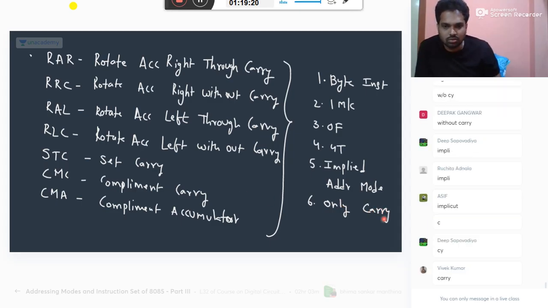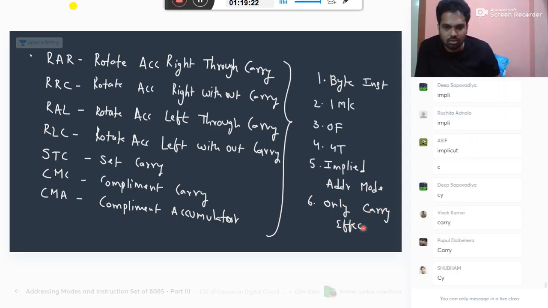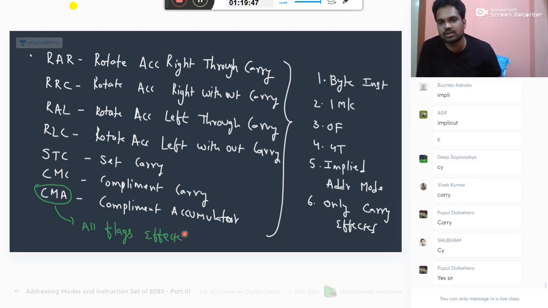For set carry and complement carry, you don't need any explanation. Set carry makes the carry flag 1. Complement carry means the carry flag will be complemented. Complement accumulator means the accumulator is complemented. So these 3 are done. We have 4 more to be discussed. That will finish your logical group of instructions completely.